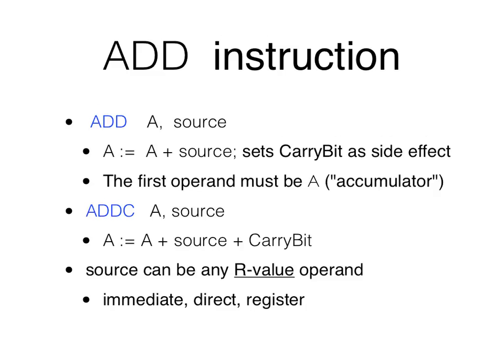And add C will take that saved carry bit and add it back into the 2 numbers you're adding. Okay? So that's what add C does, whereas add doesn't do the extra carry.